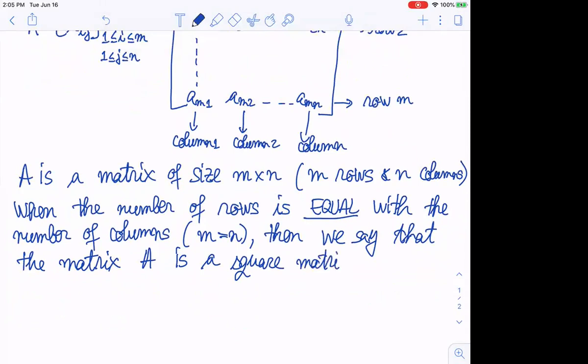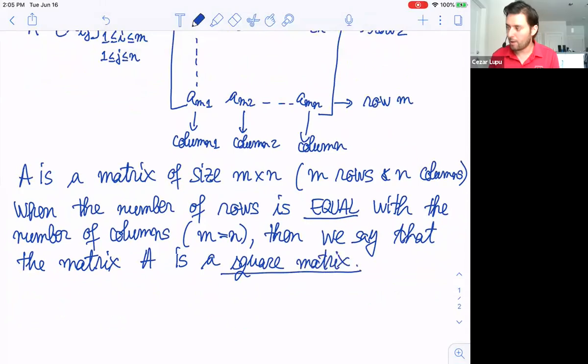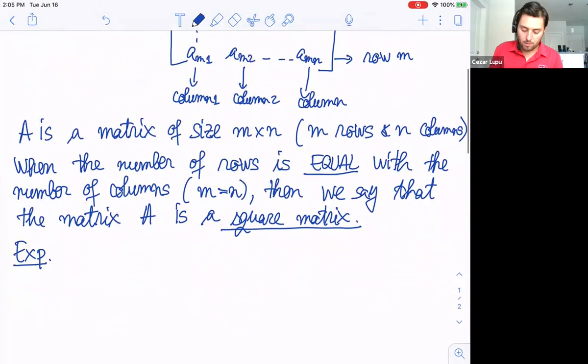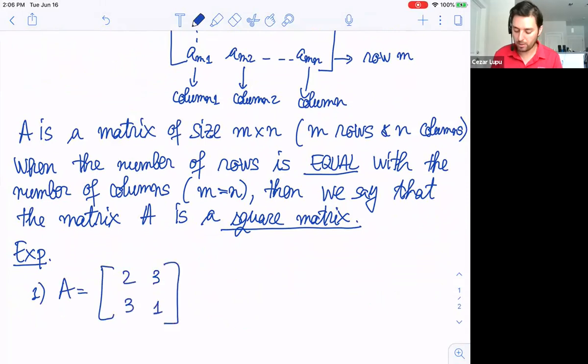That's what it is. Let me give you an example of matrices. Let me take the first one, A, to be the matrix 2, 3, 3, 1. This is a 2 by 2 matrix.